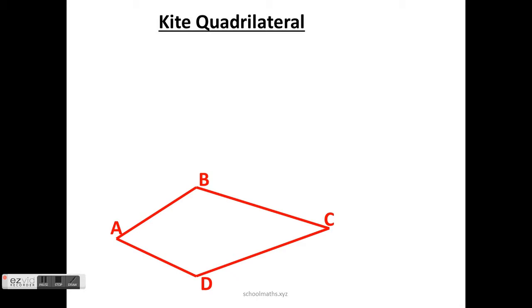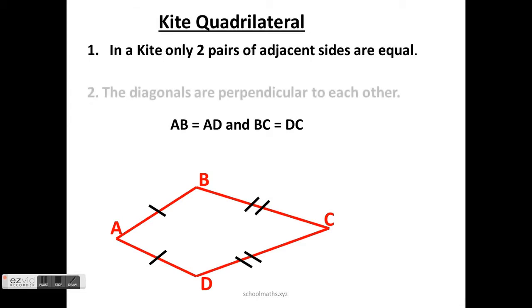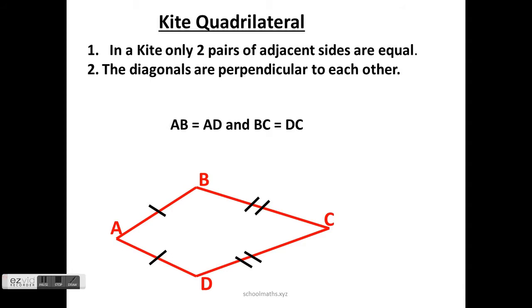Here comes the kite quadrilateral. See the figure, it is looking like a kite. What is the first property? In a kite, only 2 pairs of adjacent sides are equal. AB equals AD and BC equals DC. Now about the diagonals.